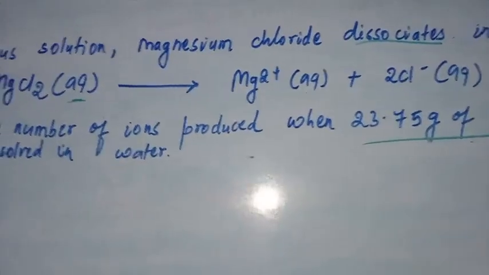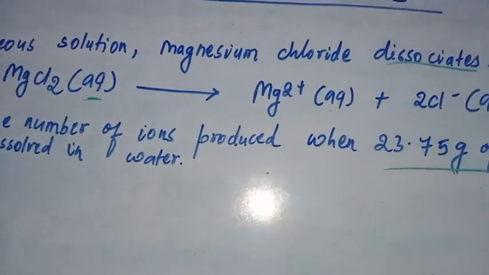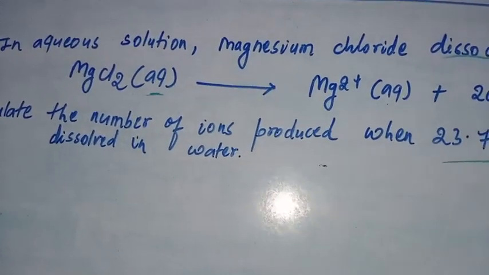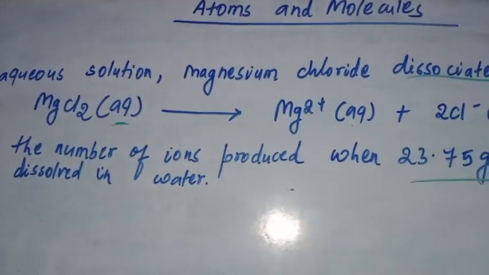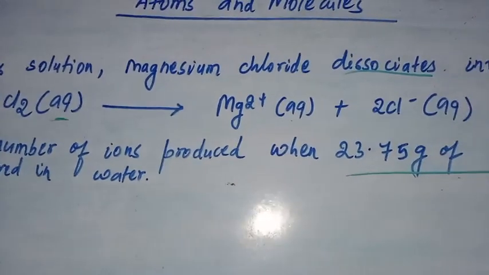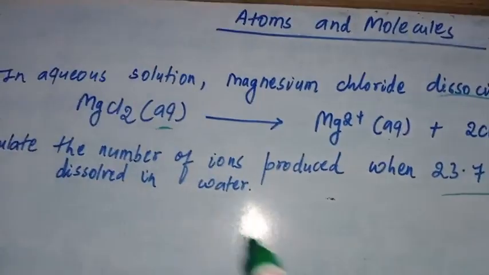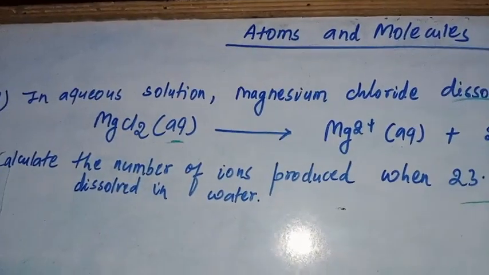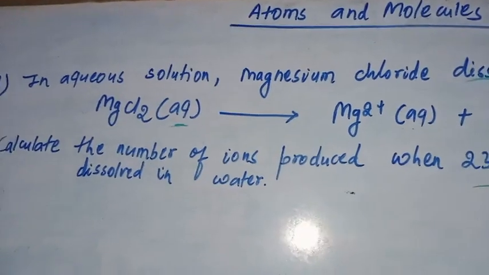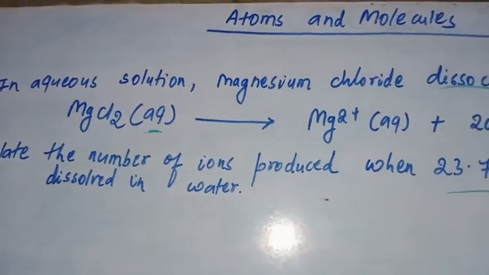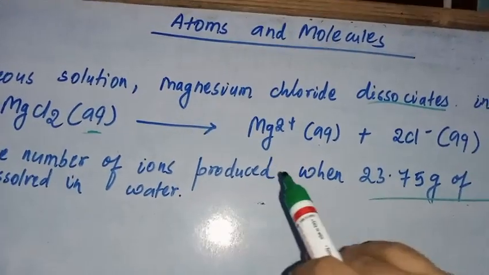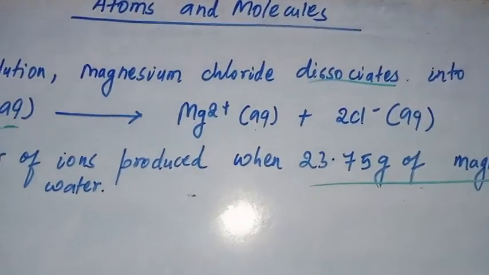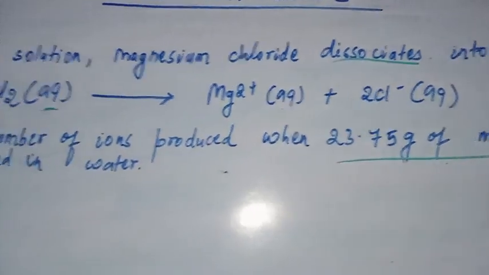So as you have studied before in your class 8, a salt in aqueous solution dissociates into its constituent ions. So here also the same thing is happening: when MgCl2, which is a salt, dissolves in water or forms the aqueous solution, it dissociates itself into its constituent ions, that is magnesium ions and chloride ions.